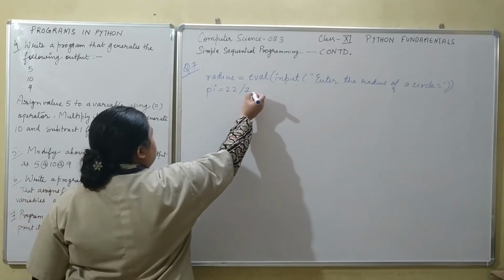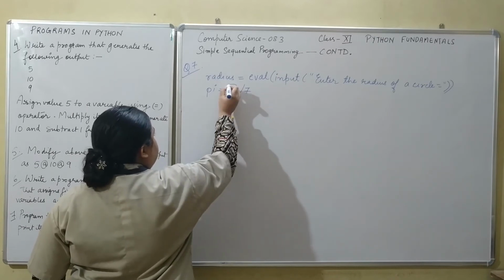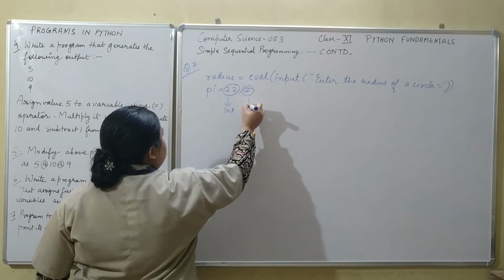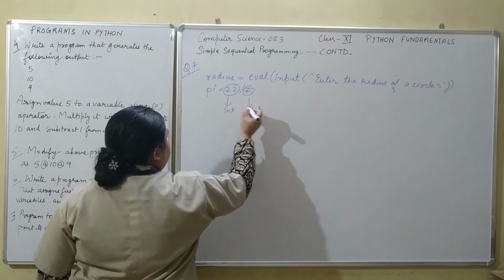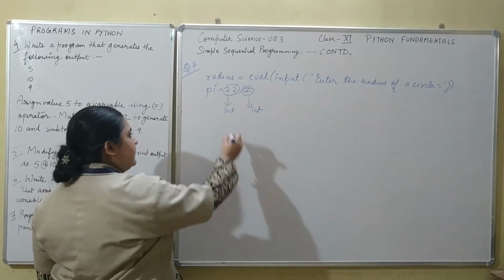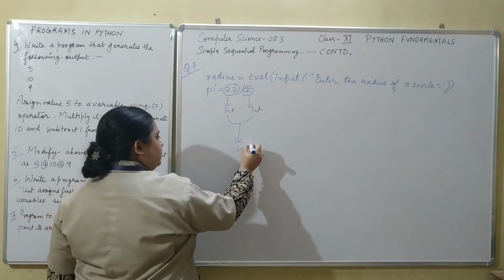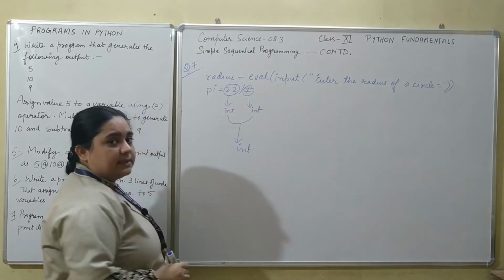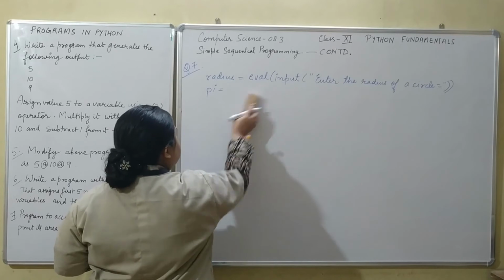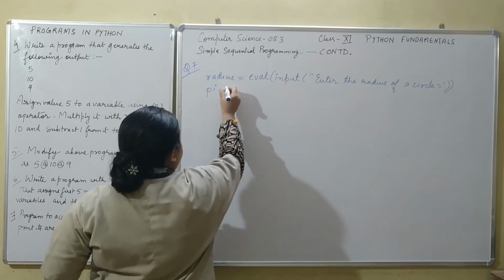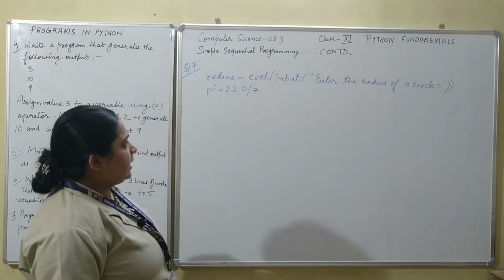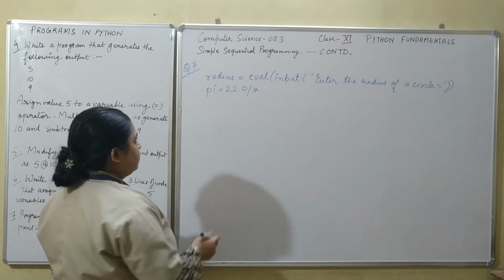You can also see that 22 is an integer and 7 is also an integer. So when you perform any operation on two integers, the result should also be an integer. But here I want the result in float. So for that you have to set at least one of the values as float. Either you take 22 as 22.0 or you can take 7.0.